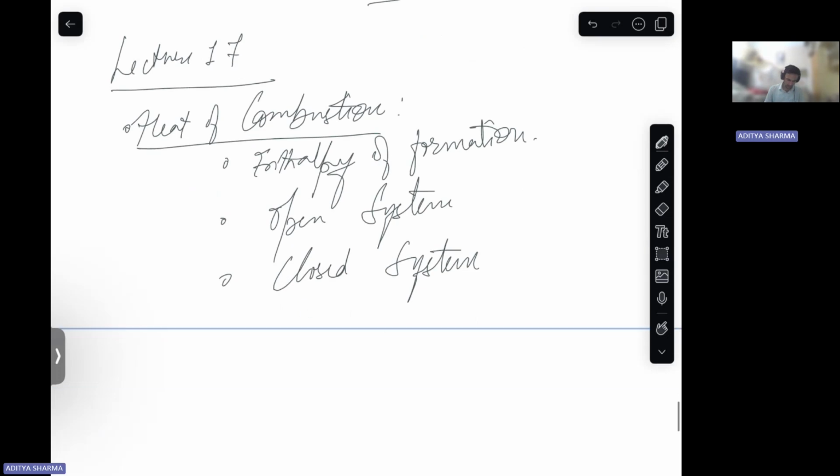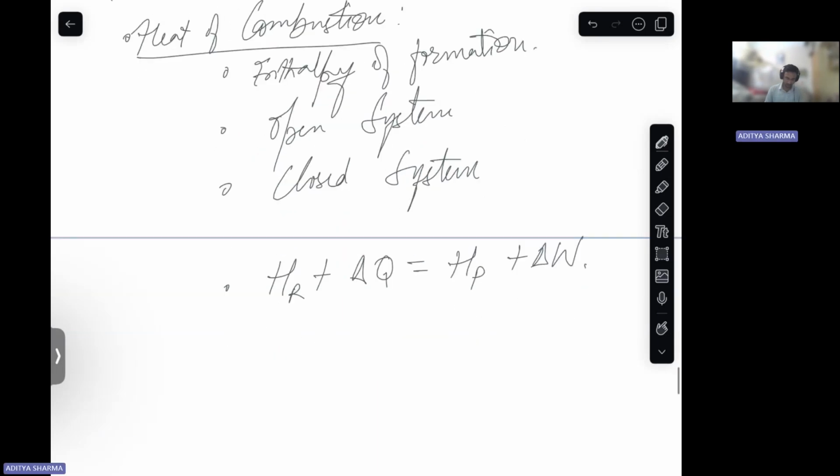So basic expressions like equating, right? The subscript R is for reactants and the other subscript is for your products, right? So this is for your open system.